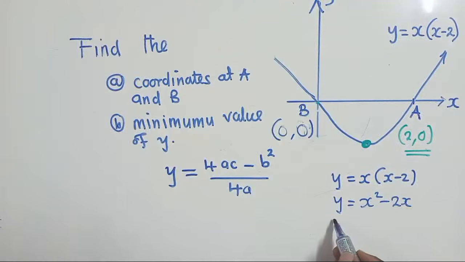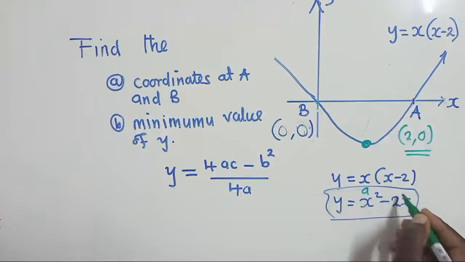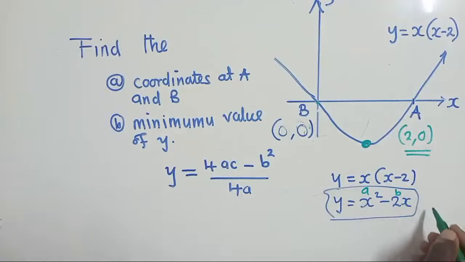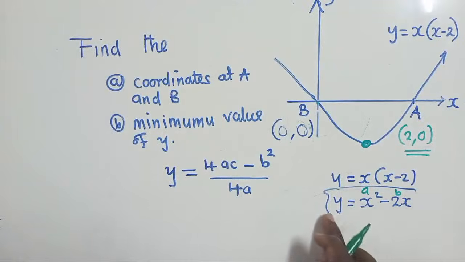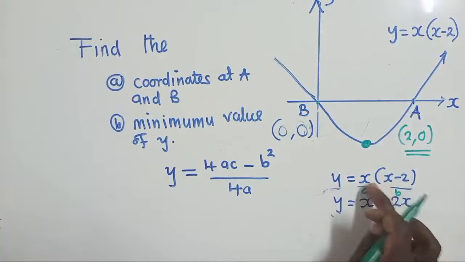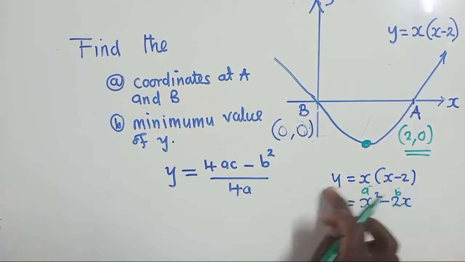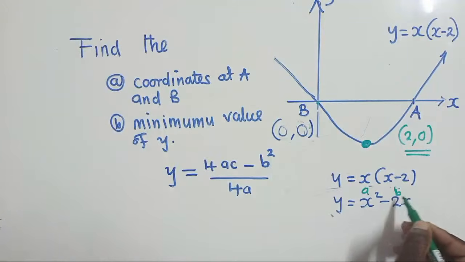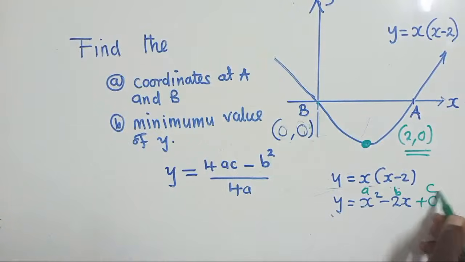Whereby we shall say our A is right here, our B is here, our C, we don't have a constant, okay? Remember, when you've put the quadratic equation in standard form, you know that this is A, B, the C here is a 0, so C is a 0. We don't have a C, okay?